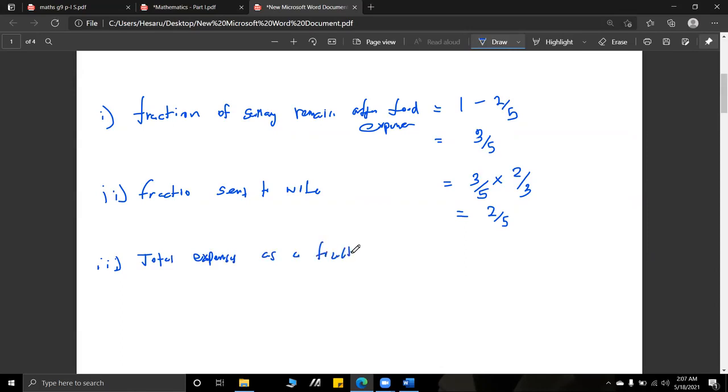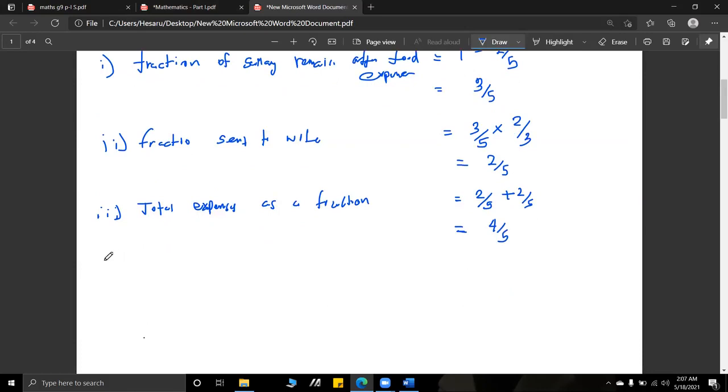So what's the fraction that he totally spent? It means for the food and for the wife. Okay, so for food he is spending 2 over 5, and for his wife he is sending another 2 over 5. So the total fraction that he spent is 4 over 5.